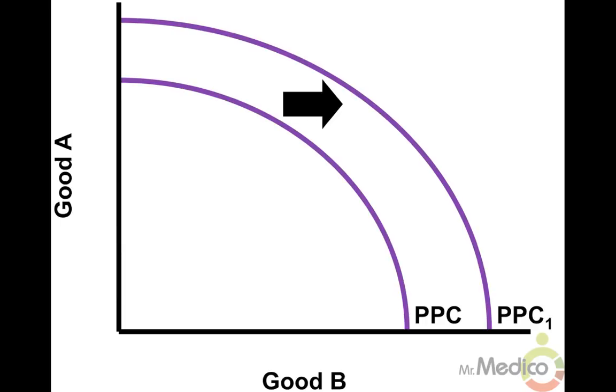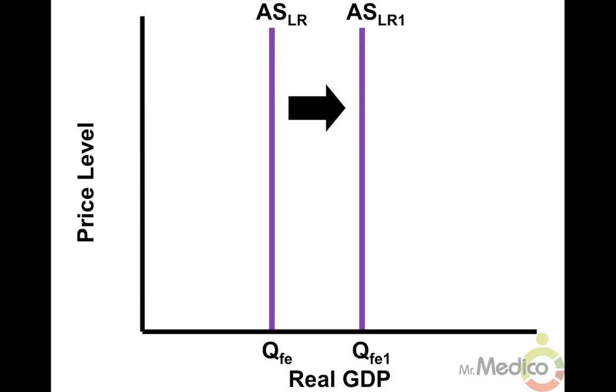That's the supply of all the capital goods in the economy that can help grow the potential of the economy, and that's what the PPC represents. If there's a rightward shift of the PPC, there's also a rightward shift of our potential real GDP, as shown by the long-run aggregate supply curve. So there is a link between the PPC shifting and long-run aggregate supply.